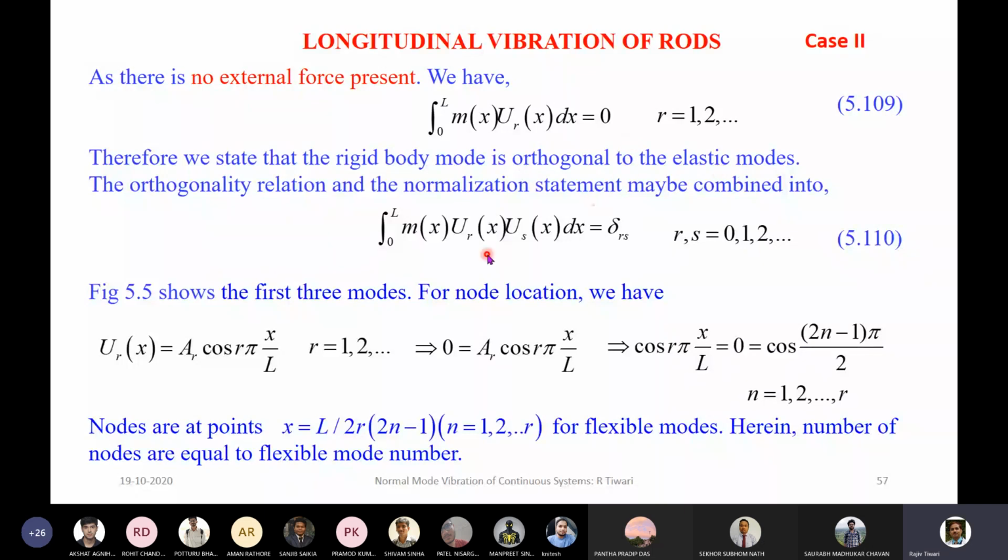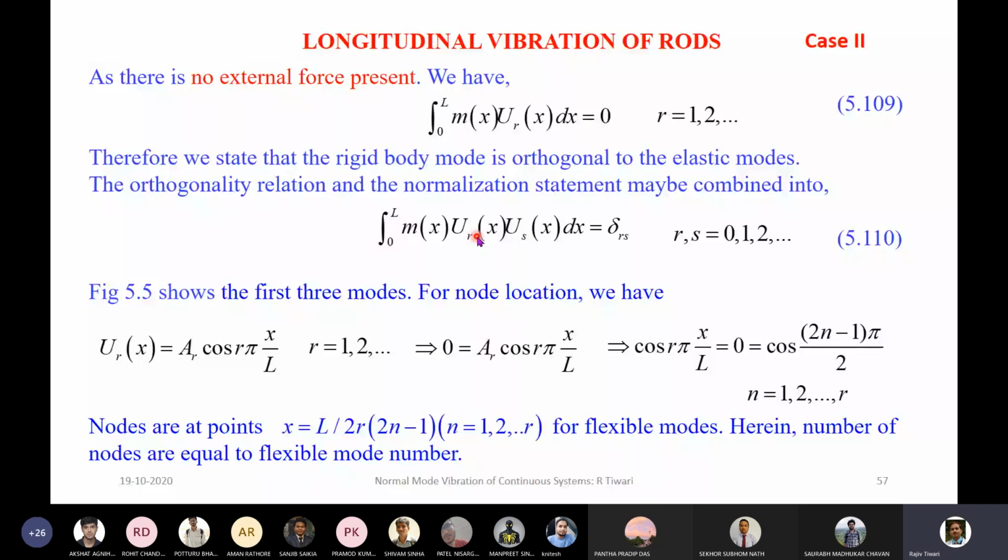For the elastic mode, we already have this kind of expression in which we normalize the eigenfunction with respect to the mass operator, and when r and s are equal, then this is equal to 1, otherwise this is 0. So here even this has been included. When r is equal to 0 and let us say s is equal to 1, this will be 0, this will be 1.